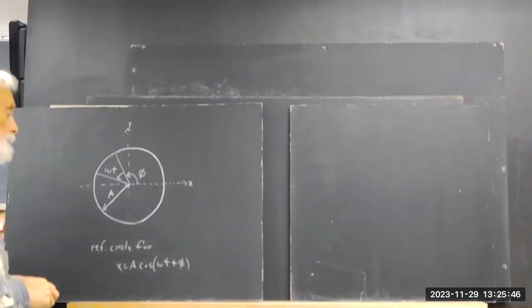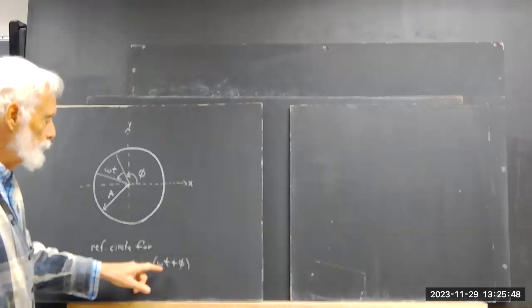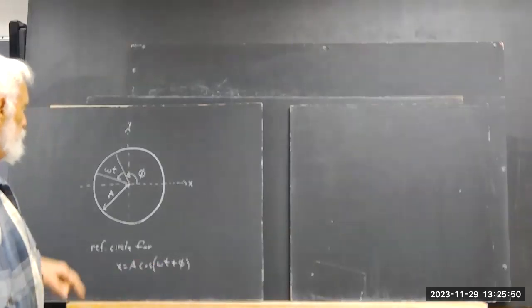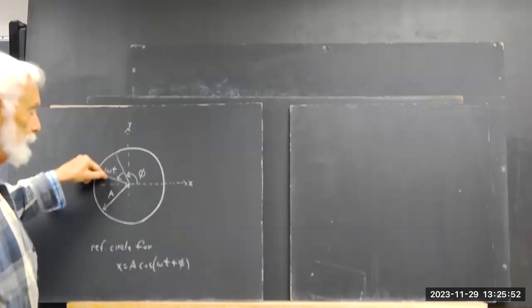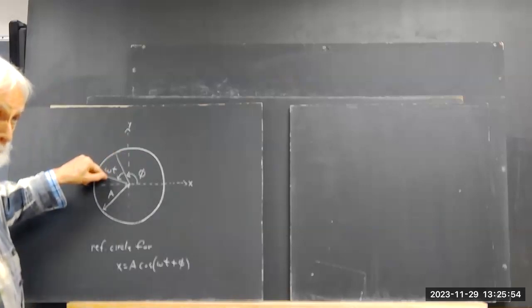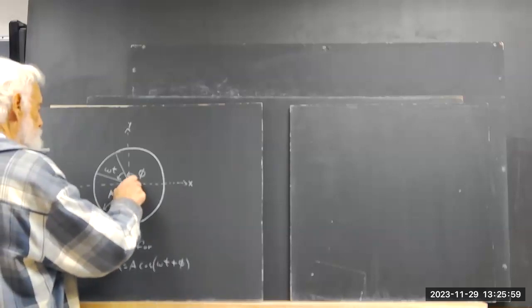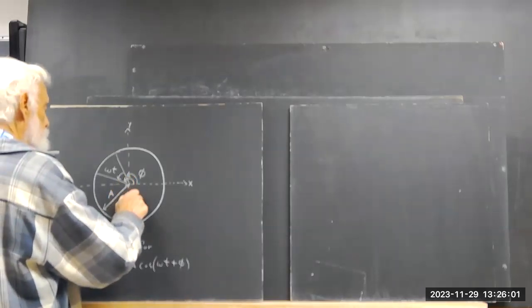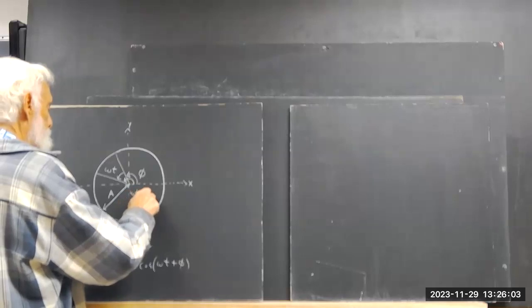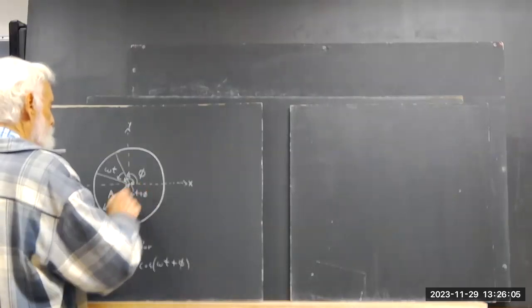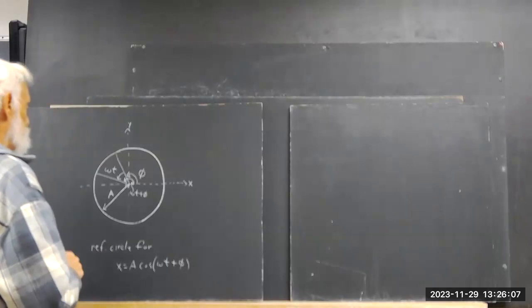Then x equals A cosine of omega t plus phi. Well, this angle from here to here is omega t plus phi, right? So this whole angle is omega t plus phi.